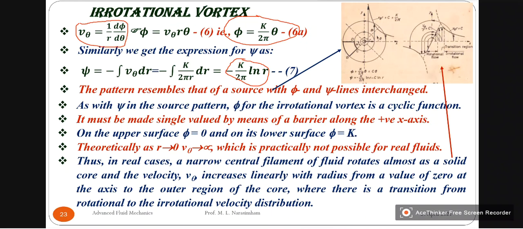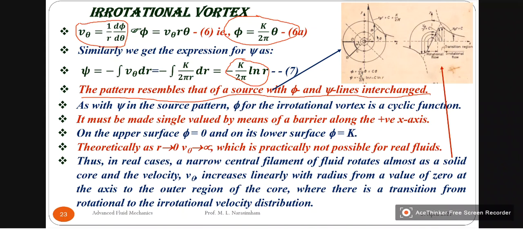Now, you just compare this with your source. All of you write the expression for phi and psi first for source, and below that you write the expressions for phi and psi for vortex, and see what you are getting. So you will observe that the pattern resembles that of a source with phi and psi lines interchanged.